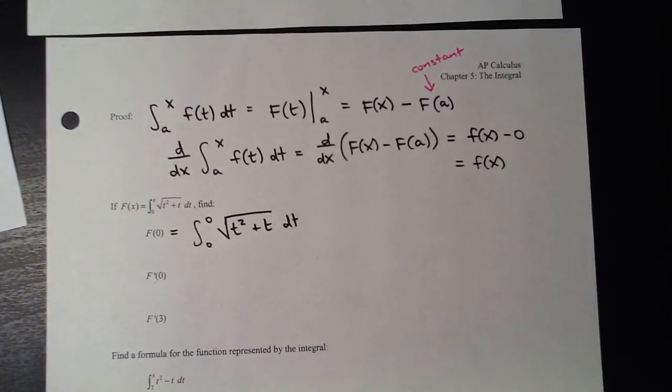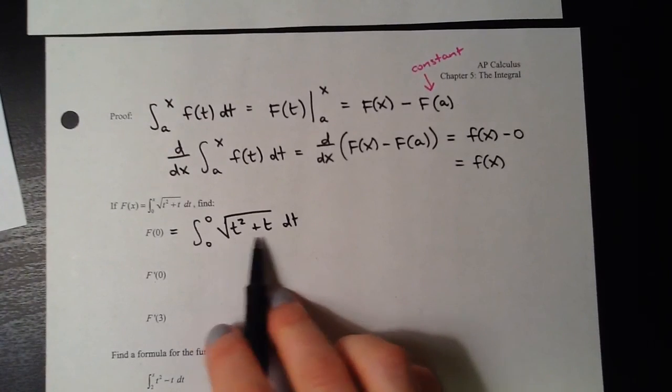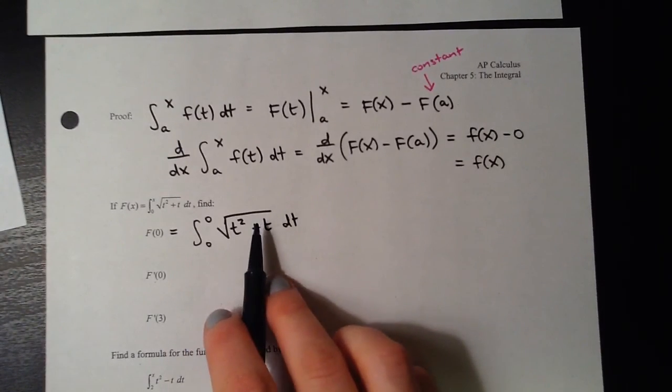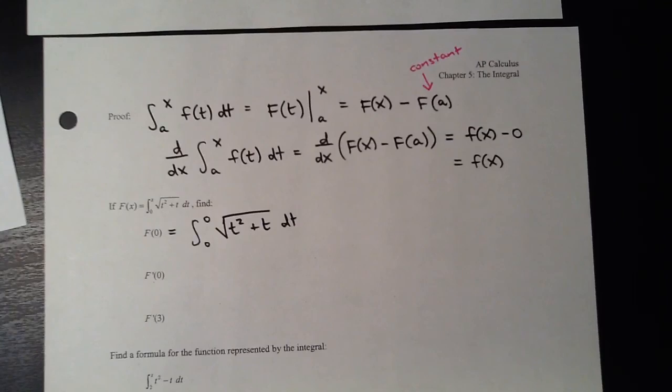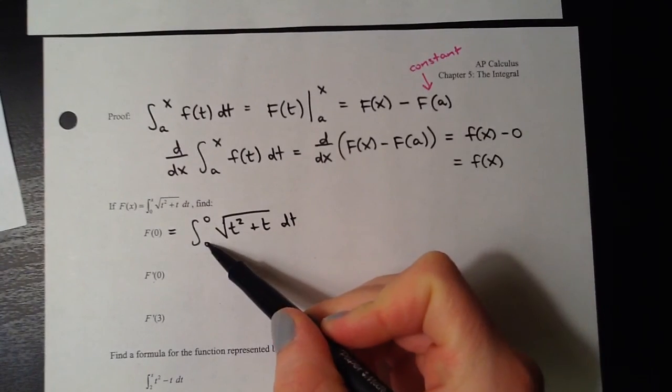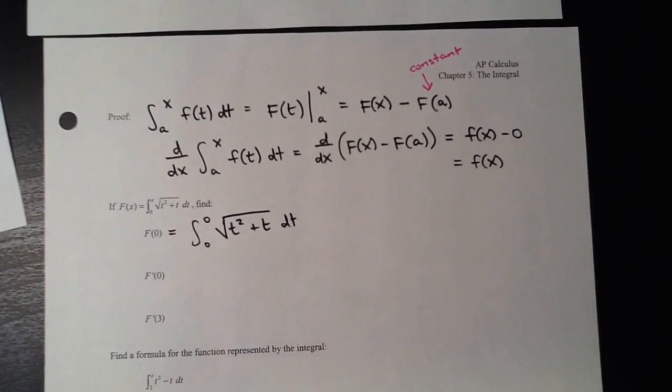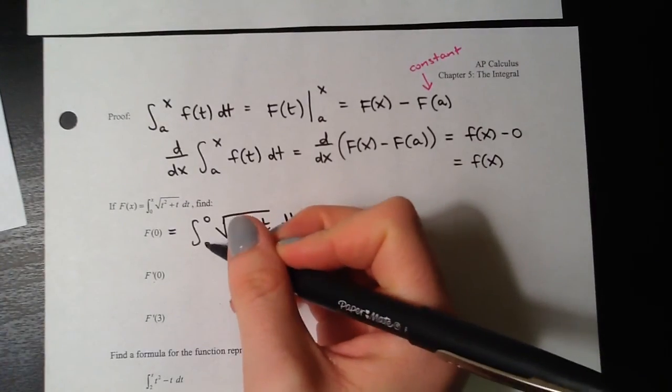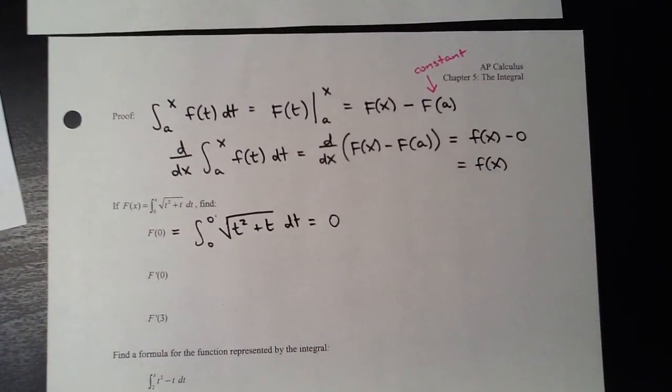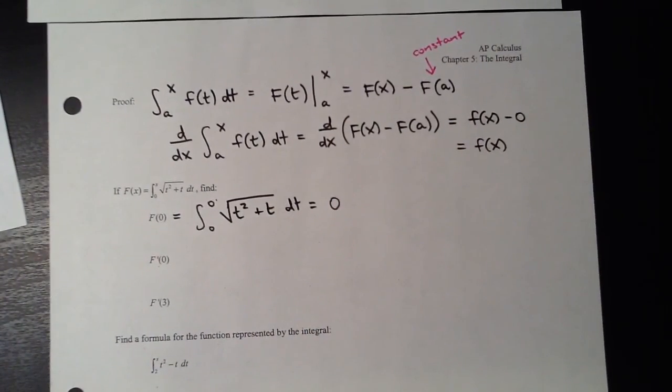Now, the square root of t squared plus t is not something that we can take an antiderivative of. It might seem like an undoing the chain rule sort of situation, but I would have to have this derivative present, and I don't. So I cannot take the antiderivative of this. But lucky us, they're asking us to go from 0 to 0. No matter what this function is, if I go from a point to the same point, my area can't be anything other than 0.